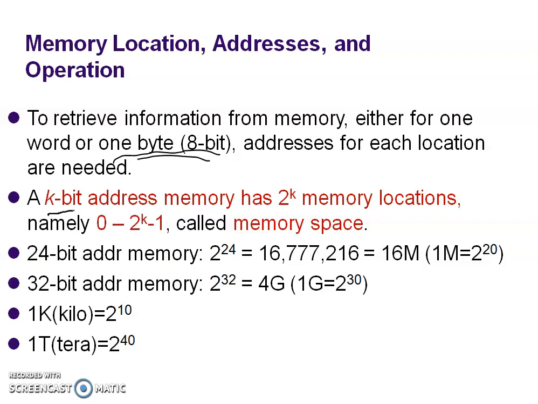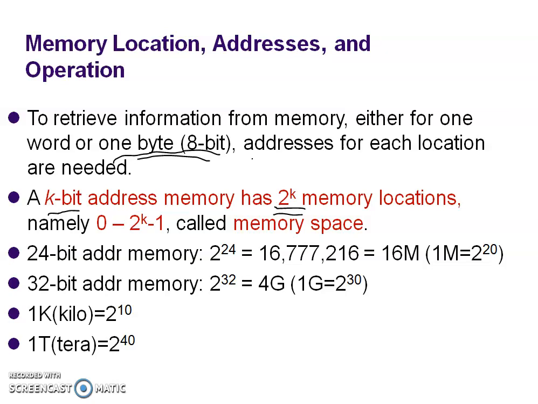So for a k-bit address, it will have 2 raised to k memory locations. For example, if I am taking a 32-bit processor, the word length will be taken as 32 bits. 32 bits is the word length of any word.